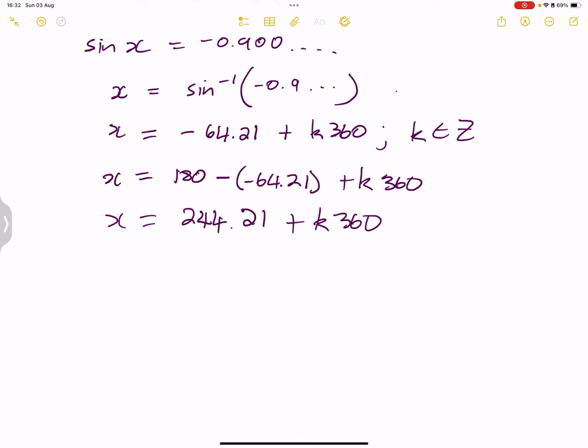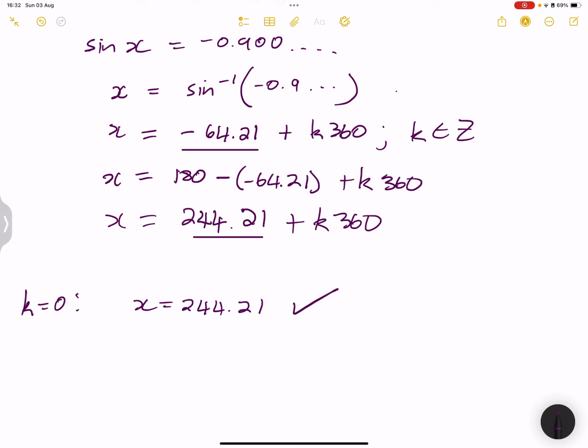If we make k equal to 0, this one is already out, because negative 64.21 is not between 0 and 360. However, 244.21 definitely is. So x is equal to 244.21. That does qualify.